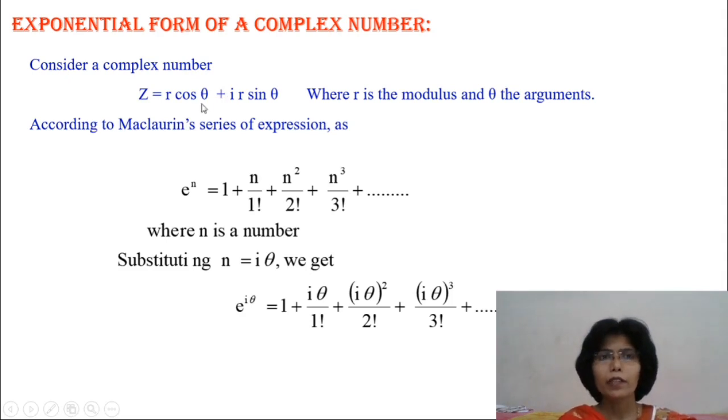According to the Maclaurin series expansion, e^n = 1 + n/1! + n^2/2! + n^3/3! and so on, where n is the number. Substituting n as i theta, we can write e^(i theta) = 1 + i theta/1! + (i theta)^2/2! + (i theta)^3/3! and so on.